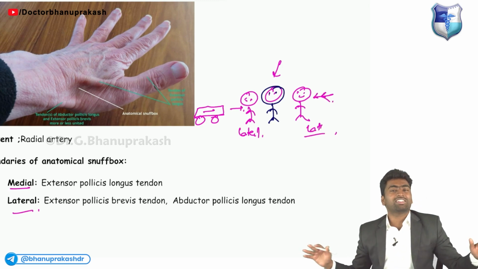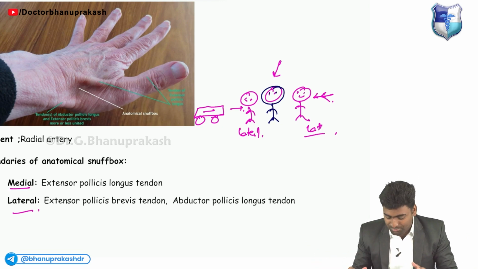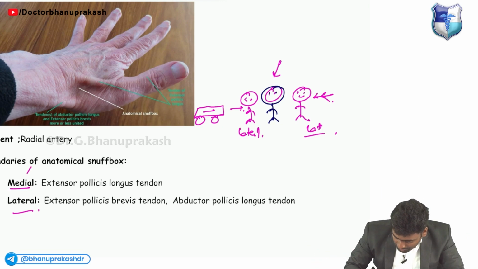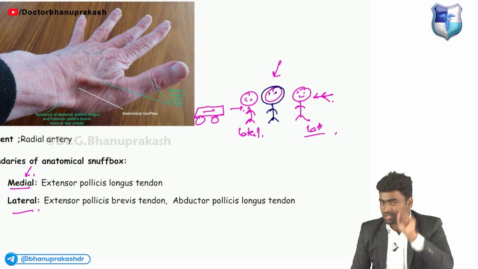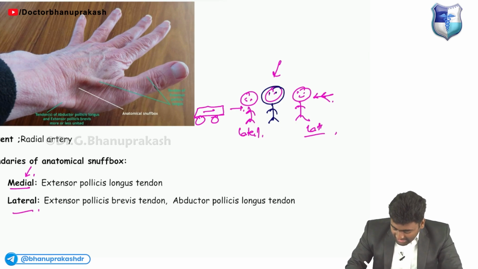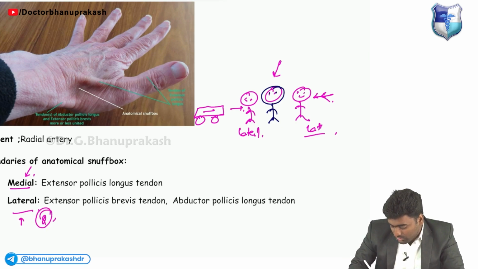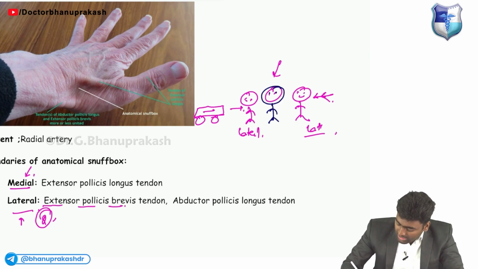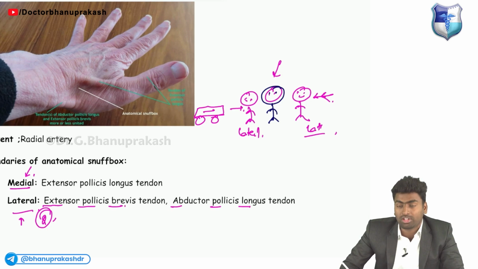So the medial person is always safe. So remember, the medial border will have just one tendon, whereas the lateral border will have two tendons: extensor pollicis brevis and abductor pollicis longus. Both of them have this extensor component.